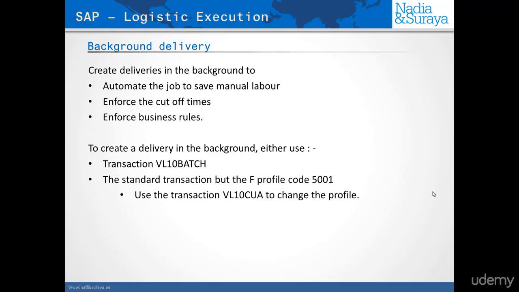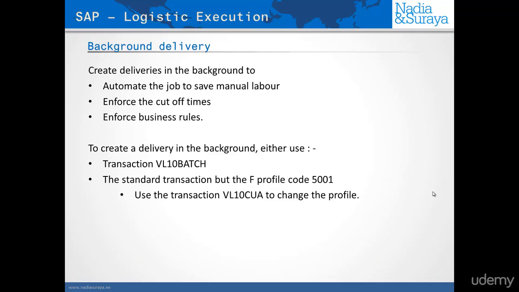Now, if it was a user, they might create it a little bit later, a little bit sooner. You want human interaction to be minimal in this case. And lastly, you can use it to enforce some business rules. So for example, you can run the delivery creation for returns at 2 o'clock, or at 6 o'clock. So it takes away the human error factor as well.